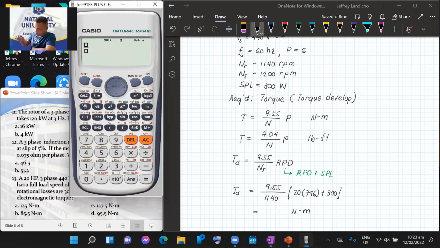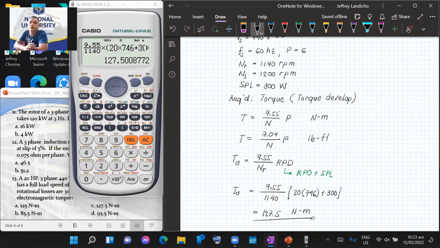So therefore, the answer in Newton meter. Yan ang hinahanap natin. Okay? 9.55 divide na lang natin 1140 times the 20 times 746 plus 300. Yan na yun. So, ilan siya? 127.5 Newton meter. So, that is already our torque developed. Kaya kung ang formula doon sa ating DC, parehas lang din naman dito.